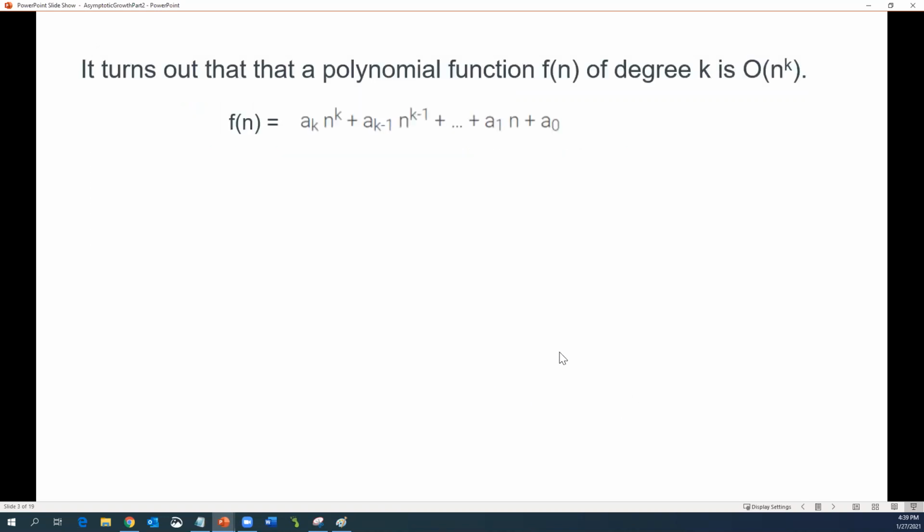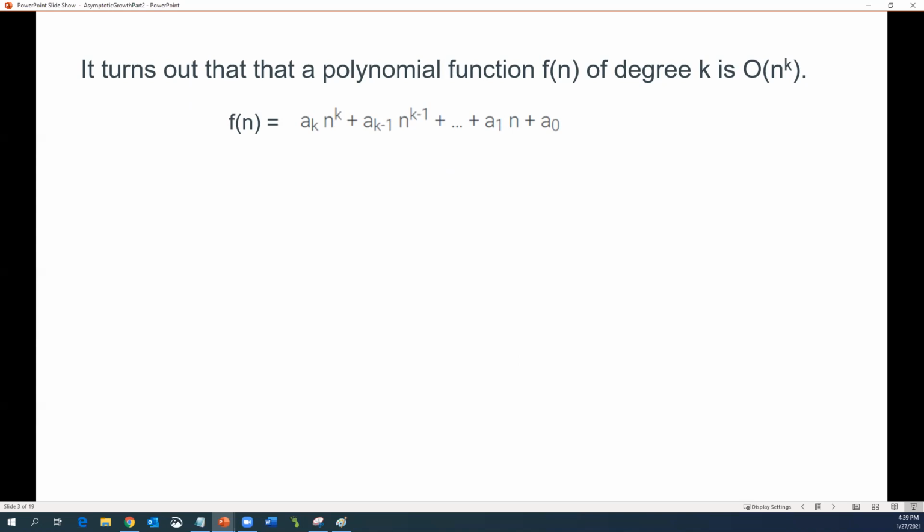This is just a repeat from last time, but I wanted to put it a bit more succinctly. If we have a polynomial function, and by the way, polynomial means a function with a bunch of terms that have different integer exponents on our variable.